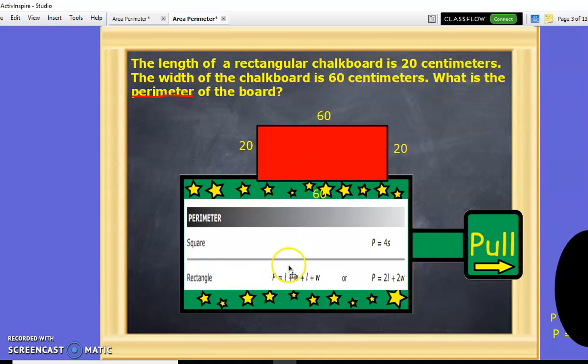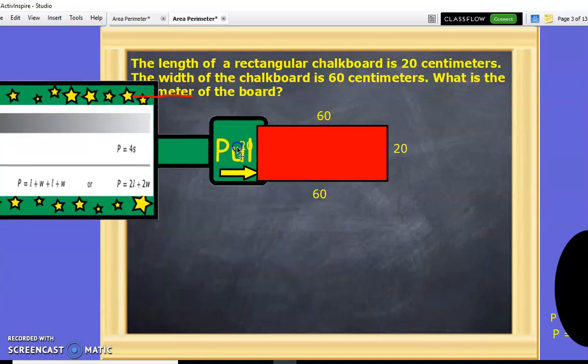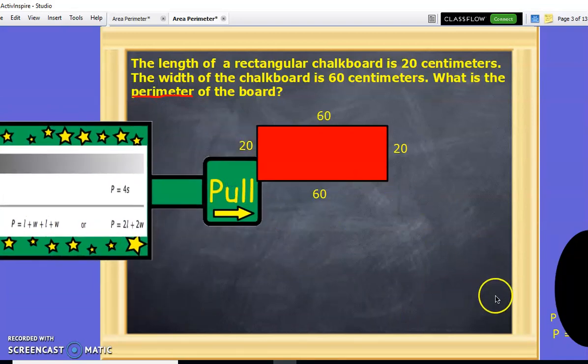We're looking at a rectangle, so we're going to use the rectangle formula. So the perimeter is equal to 20 plus 60 plus 20 plus 60.